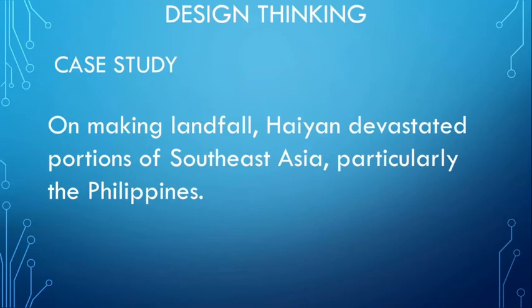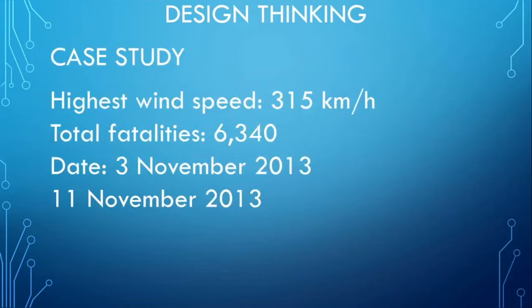On making landfall, Haiyan devastated portions of Southeast Asia, particularly the Philippines. The highest wind speed was 315 kilometers per hour. I think it's almost similar to a flight's takeoff speed, the maximum speed of an aircraft when it takes off from the land, 315 kilometers per hour.